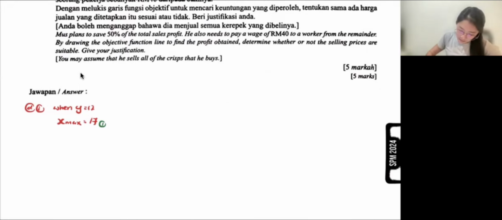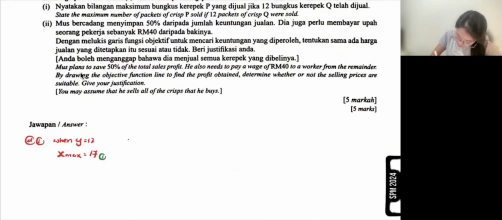Then part 2. Moose plans to save 50% of the total sales profit. Just now you had cost and selling price. He also needs to pay a wage of 40 ringgit to a worker from the remainder. By drawing an objective function to find the profit obtained, determine whether or not the selling prices are suitable.